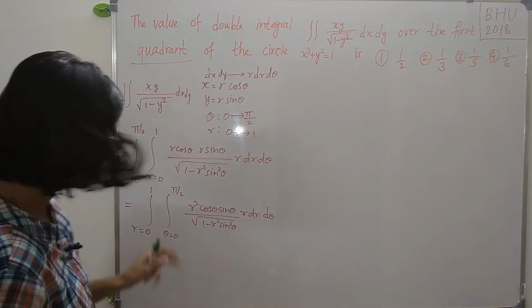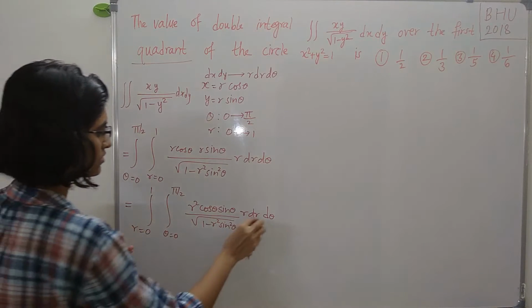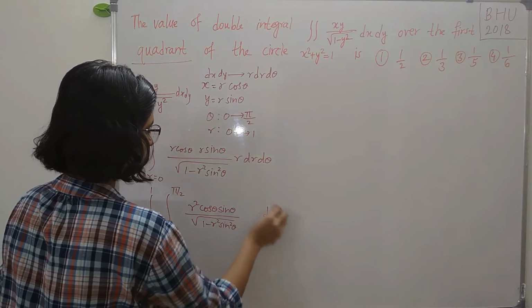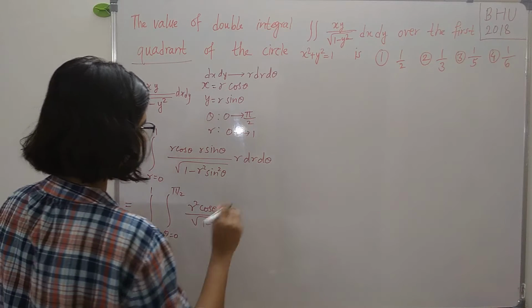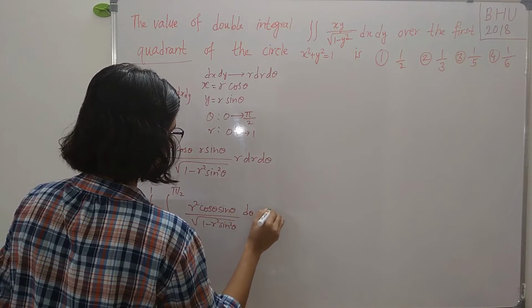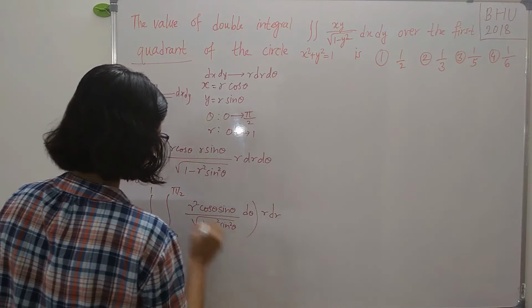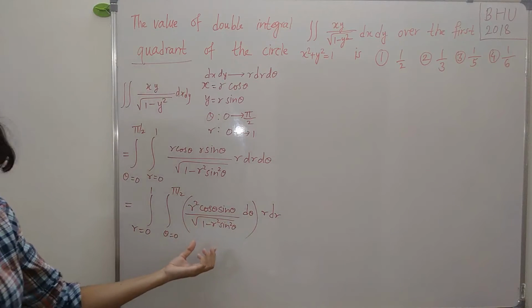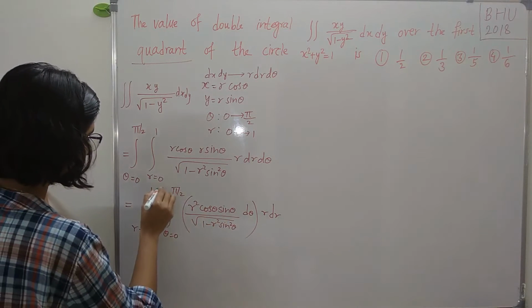Now I will first integrate with respect to theta. So let us write d theta here and r dr here. So let us find out this integral first. So that means this part.